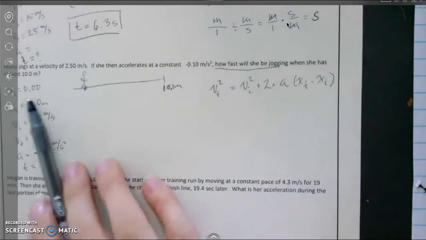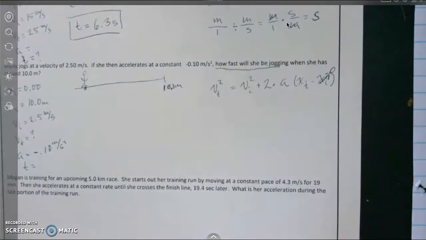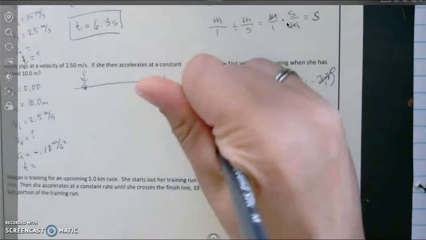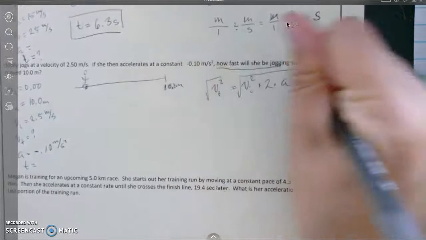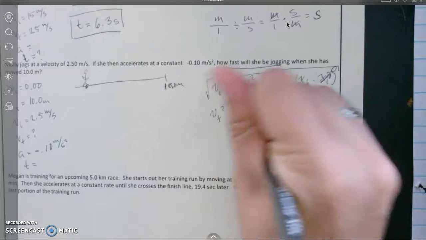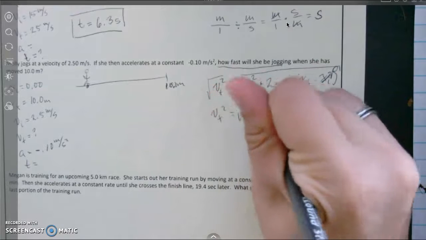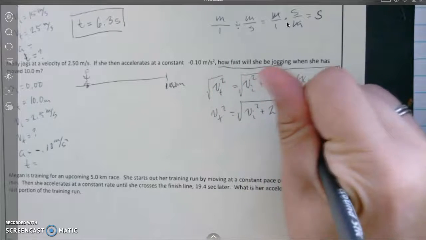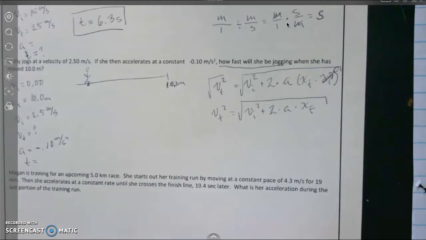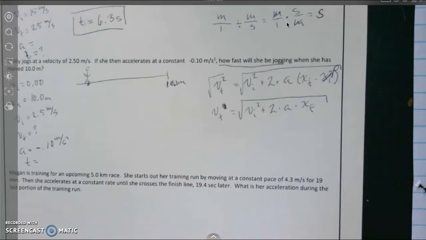Now, x initial is 0, and then we can take the square root on both sides. So velocity final will equal the square root of velocity initial squared plus 2 times acceleration times x final.